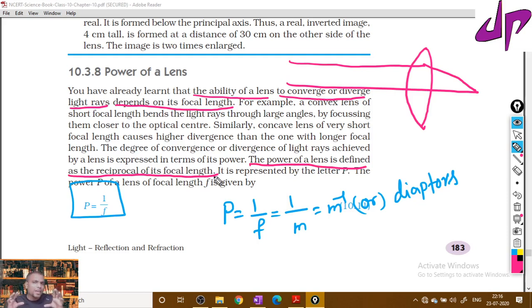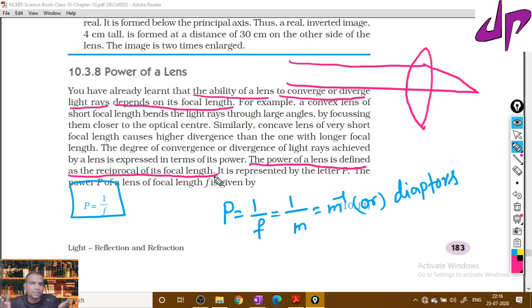If you want to make a good combination of lenses, or take a telescope used to see faraway objects, to catch that much distance we need a high powered telescope.